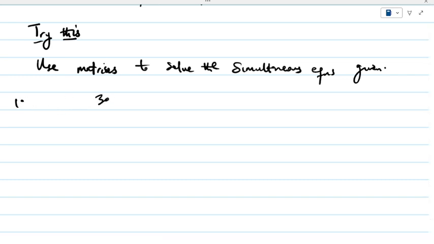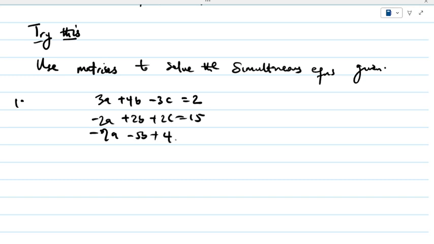We have 3a plus 4b minus 3c equals to 2, minus 2a plus 2b plus 2c equals to 15, and minus 7a minus 5b plus 4c equals to 26. Okay, so you can try this on your own, and then I believe you're able to get that.